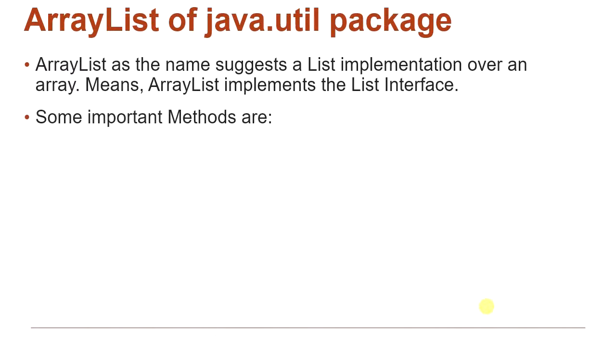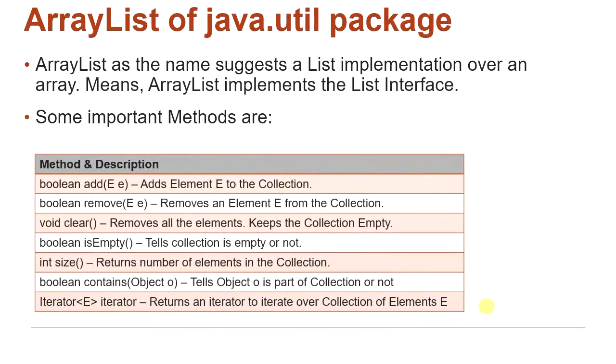Here are some of the important methods. You can add an element. You supply the element and call the add function. For the add function, the element is the parameter, and the element is added to the ArrayList.